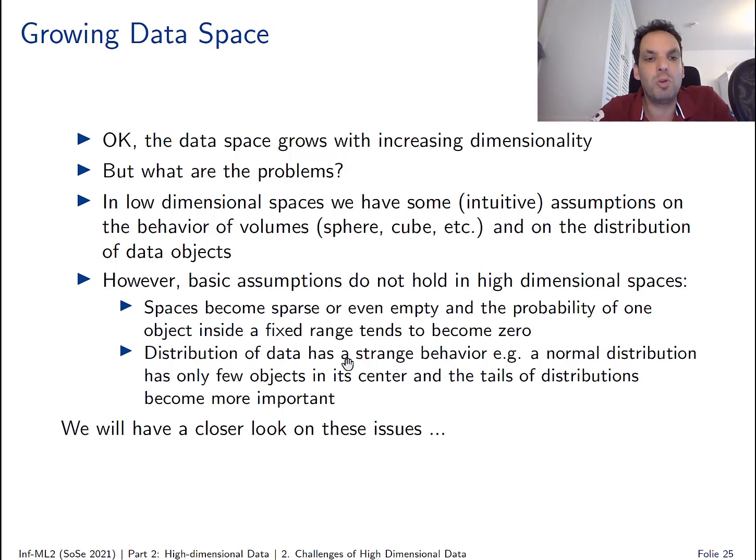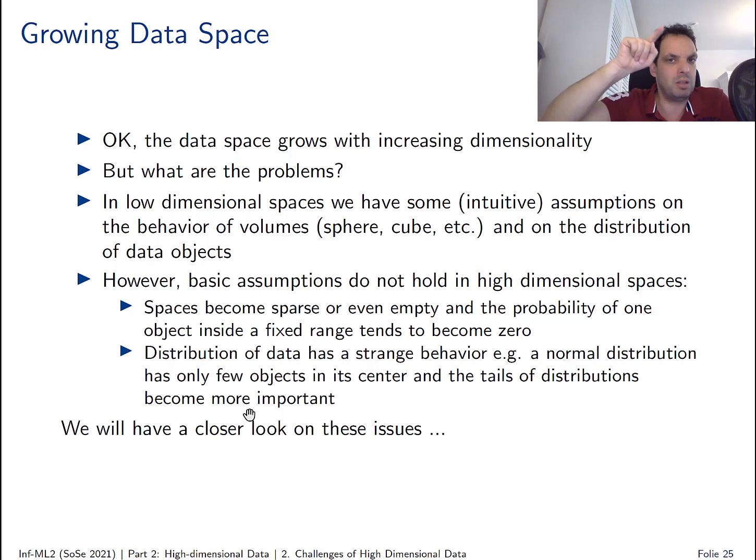And also the distribution of data has a strange behavior. For example, a normal distribution has only few objects in its center, and the tails of the distribution become more and more important. Wait a minute. A normal distribution, that's a Gaussian distribution.